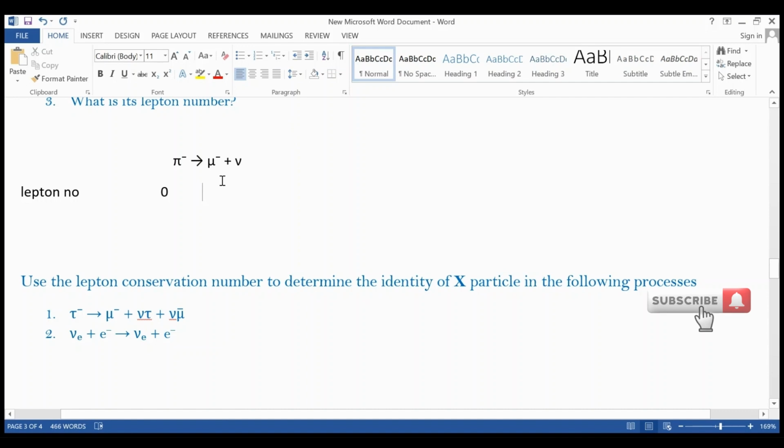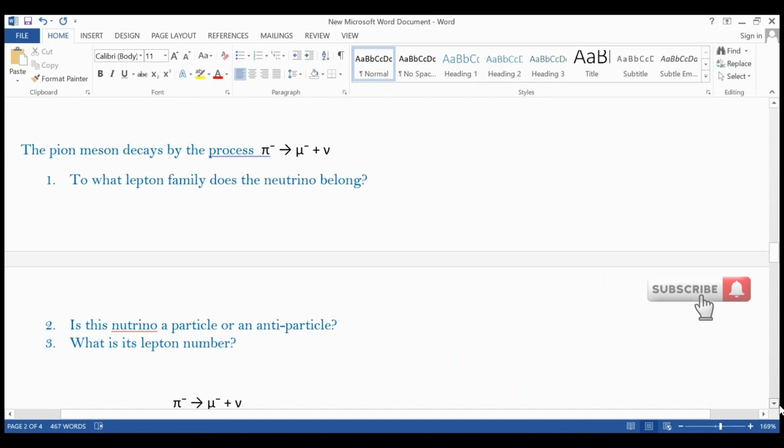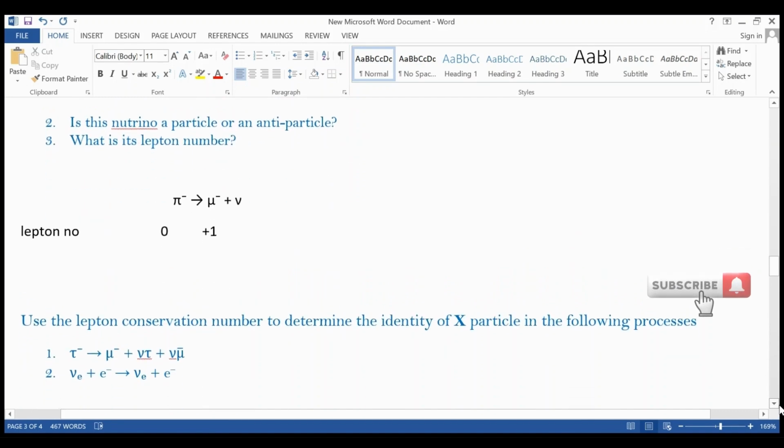For muon, lepton number will be +1. So we have to conserve the law of lepton number. For that, there will be -1. These will cancel each other and we will have a 0 on the product and reactant side as well.